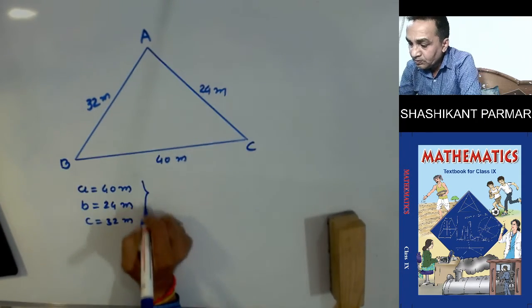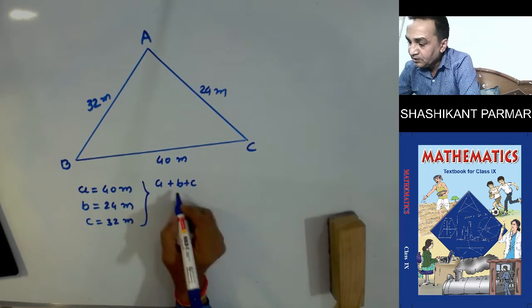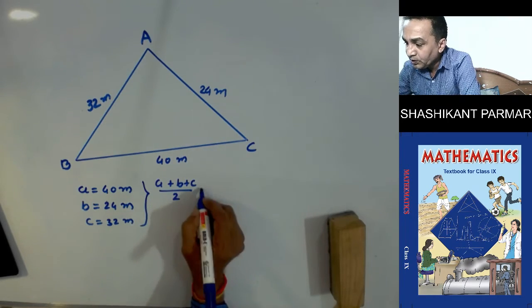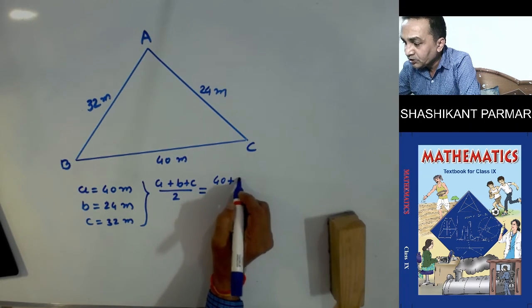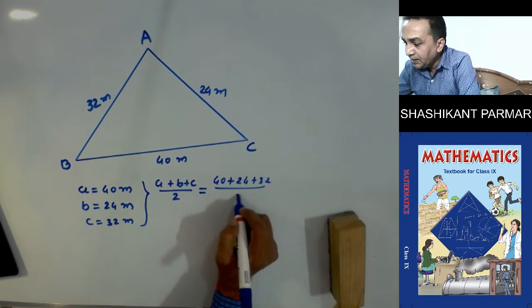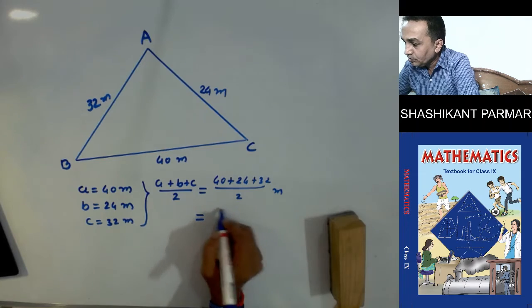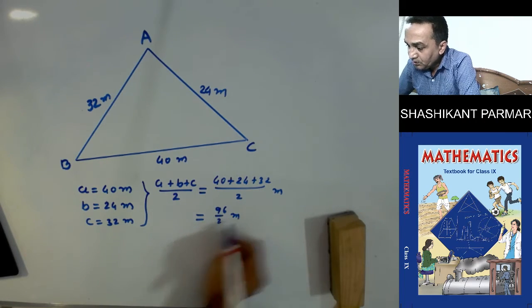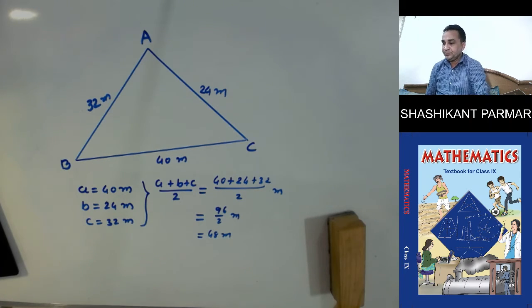So (a plus b plus c) by 2 is equal to (40 plus 24 plus 32) by 2 meter, which is 96 by 2 meter, 48 meter.